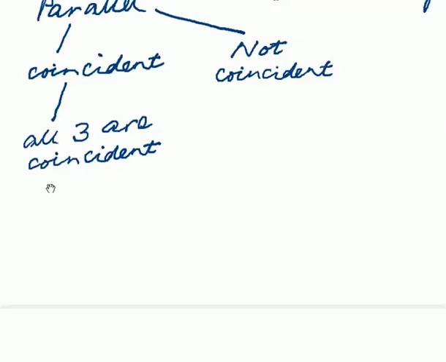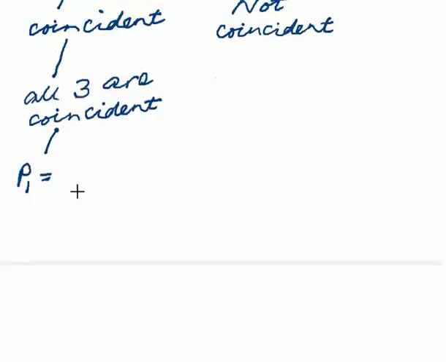Now, if all three planes are coincident, then the three planes will be defined by the same equation, P1. In this case, the three planes are defined by one equation, P1 equal to P2 equal to P3. And we can illustrate this situation in this manner.